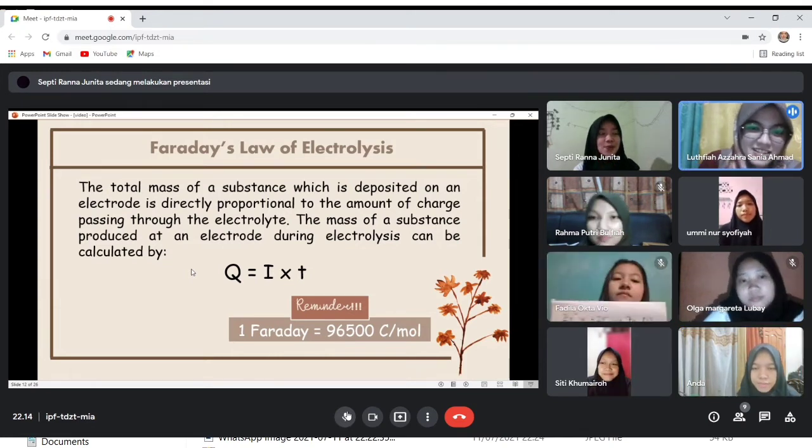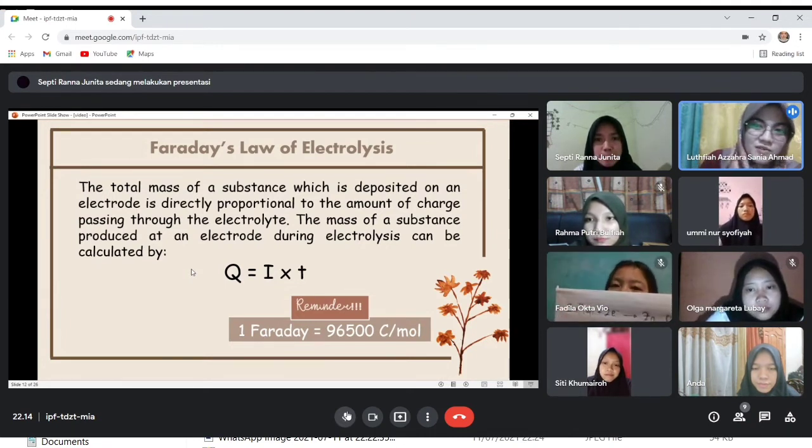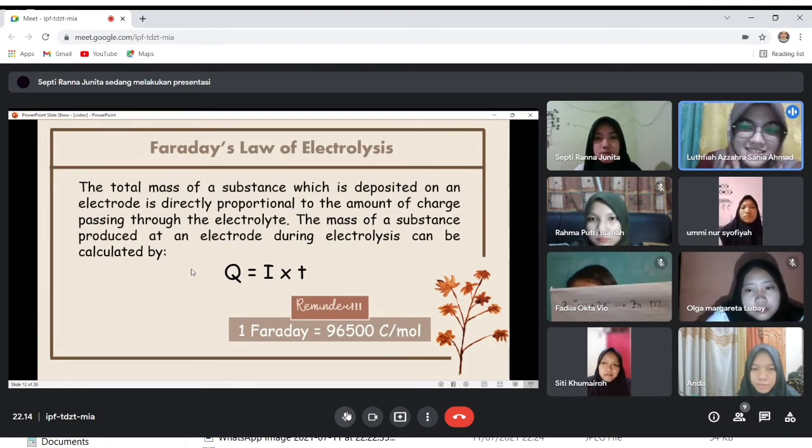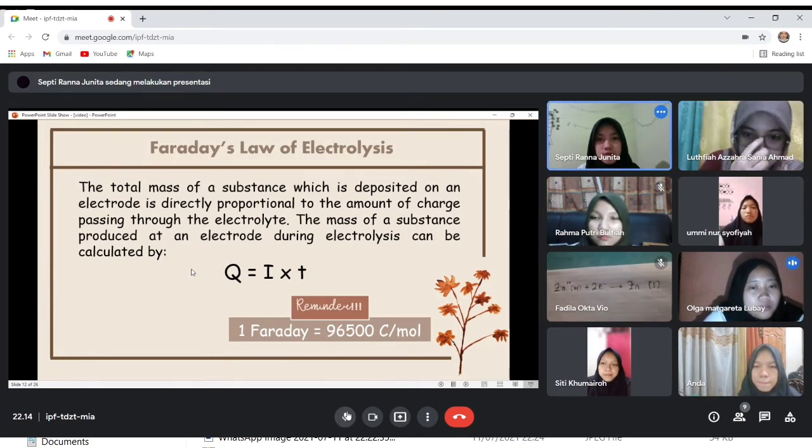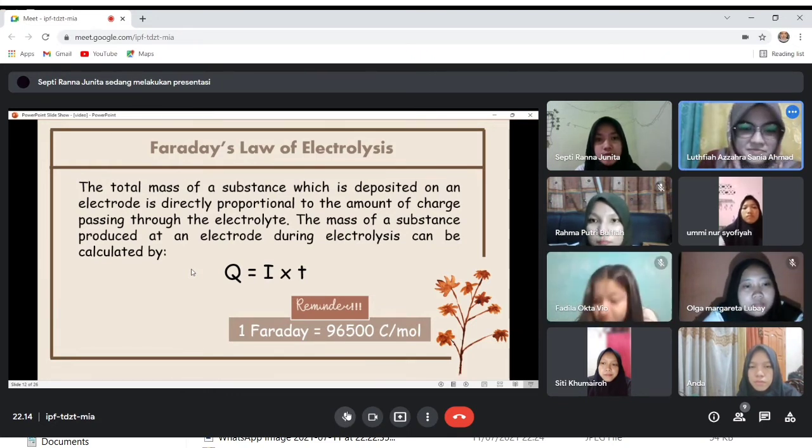Yes, that's right. So, 1 Faraday of electricity or 96,500 coulombs is required to deposit 1 mole zinc. Have you understood about it? Yes, miss, I have. Okay, Fadila, you can take it down.